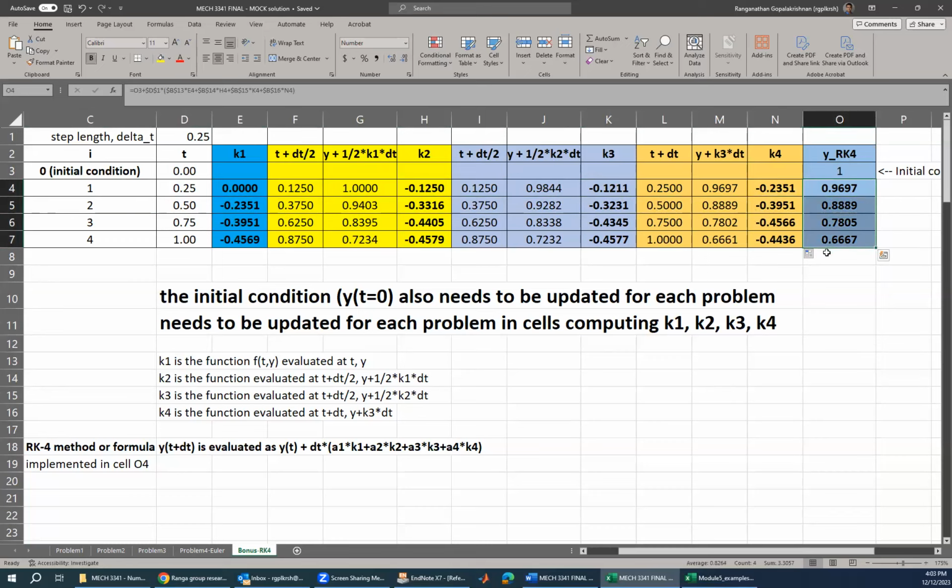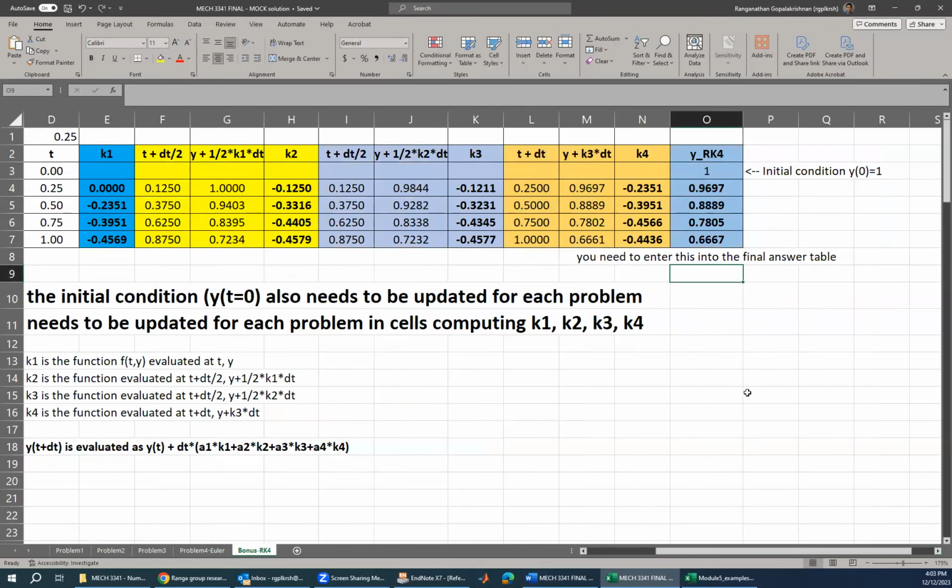So this is what you need to enter into the final answer table. It obviously takes practice to be able to do these 16 calculations correctly. Usually students make mistakes in some intermediate step. If you lose one step here, then all of the following answers will be wrong. So it requires some practice.